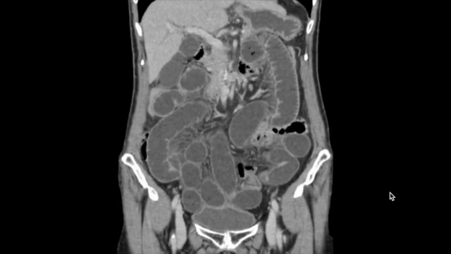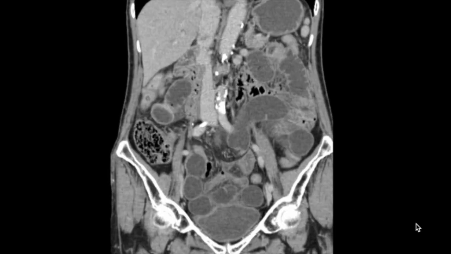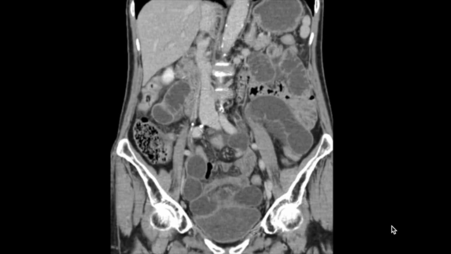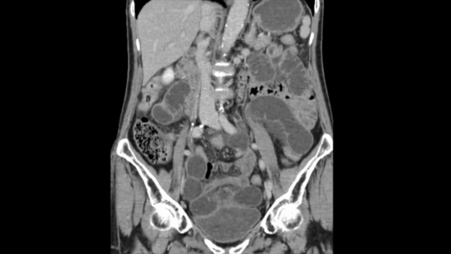Let's confirm on the coronal images. Again, the findings are few, and it looks like a localized narrowing causing obstruction. In such cases, we can identify it as a simple obstruction, not a strangulated one. Causes of localized obstruction, like a simple obstruction, include adhesions or intraluminal causes like food or cancer.